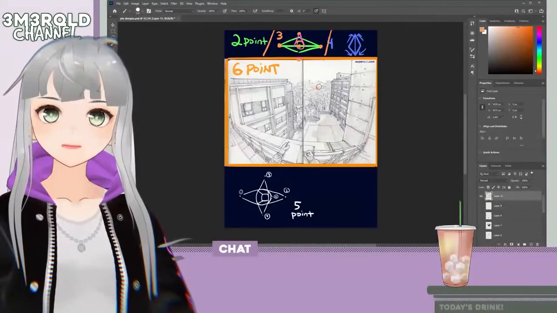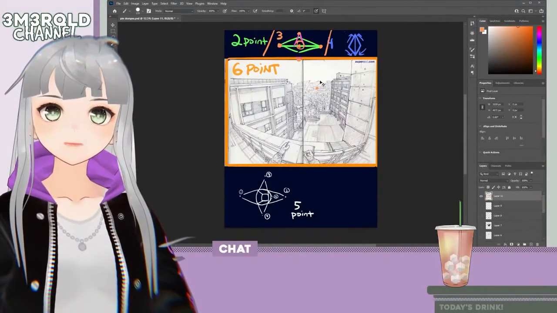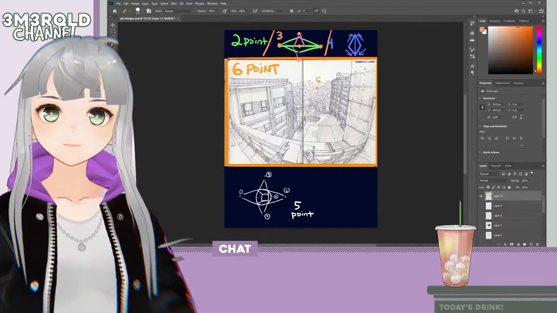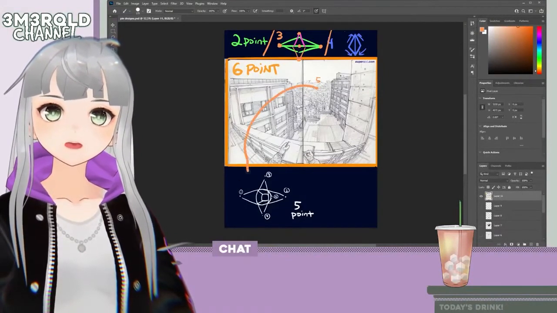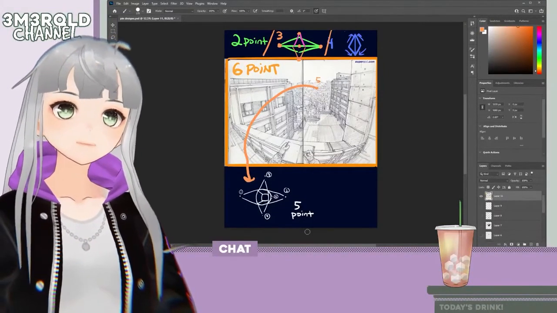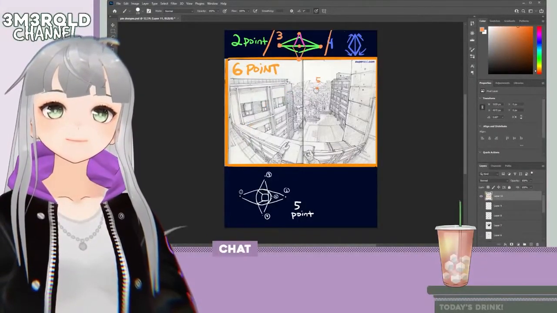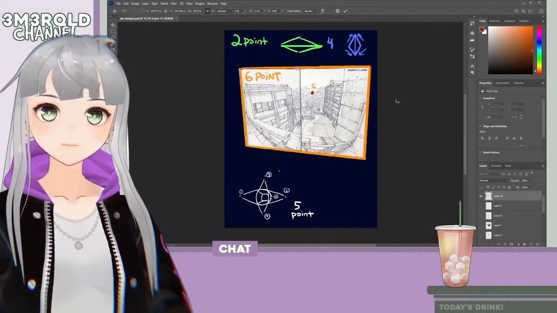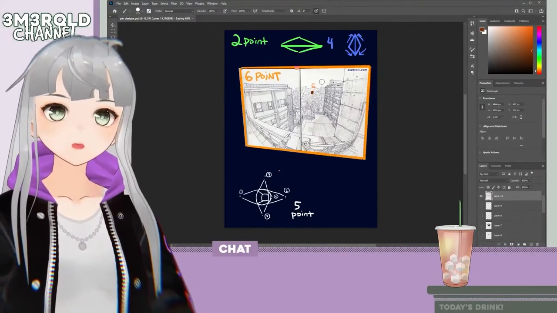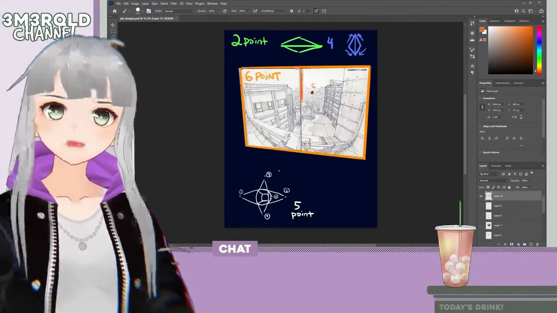So this point here is this point here, the 5th point. And we're gonna put that to the opposite side, which is behind us. It's pretty crazy stuff. Think of this as a window. This drawing is a window in an apartment building or something.